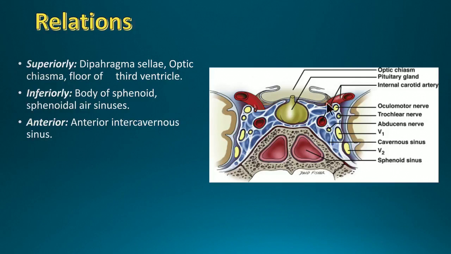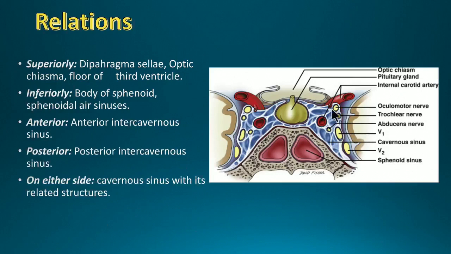Anteriorly, you come across the anterior intercavernous sinus, and the posterior intercavernous sinus behind, and on either side the cavernous sinus with the structures on the lateral wall and also present within it. So they all form the lateral relations on either side. So these are the relations of the pituitary gland.